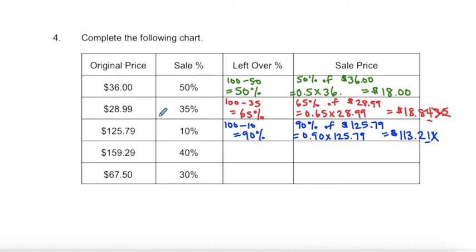For the next one, I am looking for my leftover percentage first, so it's 100 take away 40, which is 60%. And then my sale price, I need to find 60% of my original amount, which was $159.29, which is the same as taking 0.6 and multiplying it by 159.29.